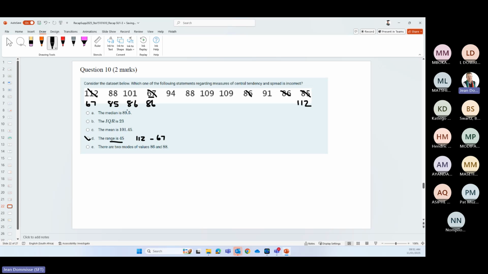I'm already highlighting that because it might be a mode. So let's look at the others. Others in the 80s. Okay, so there's an 88. Another 88. So again, those two might be the modes.